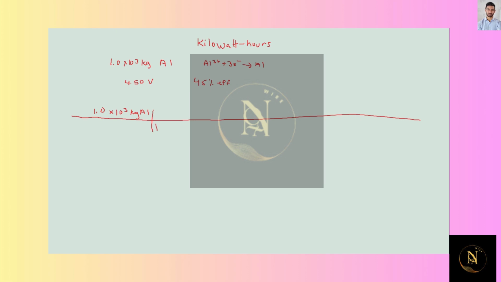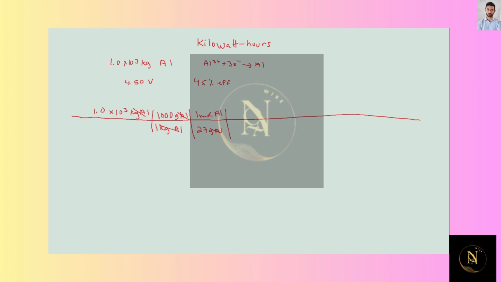So the first thing is I need to get those kilograms over to grams. So 1 kilogram is 1,000 grams aluminum. So that cancels, and I have grams of aluminum. Now I can go from grams of aluminum to moles of aluminum using the molar mass. So grams of aluminum cancel. Now I have moles of aluminum.